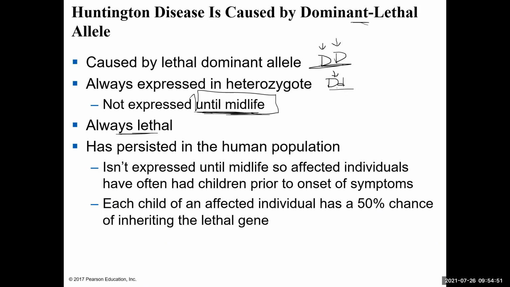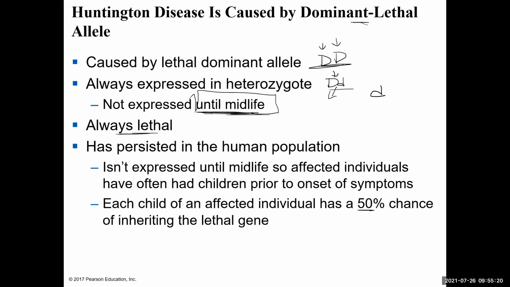And so what that means is they have a chance to pass on that dominant allele. They have children before the symptoms occur, so they don't even know that they have the disease to decide whether or not they want to have the chance to pass on that allele to their offspring. Each child has a 50% chance of inheriting the lethal gene because it is a dominant disease.